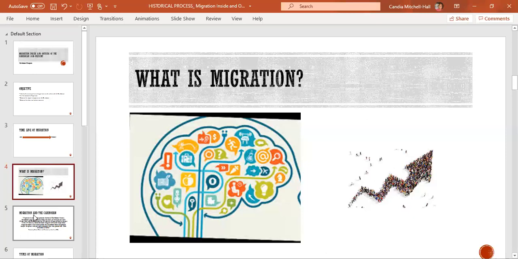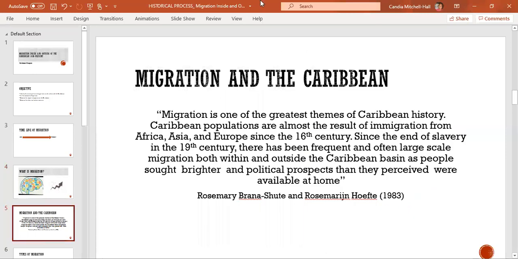Asking somebody to read this for me, please. Migration and the Caribbean. Migration is one of the greatest themes of Caribbean history. Caribbean populations are almost the result of immigration from Africa, Asia, and Europe.